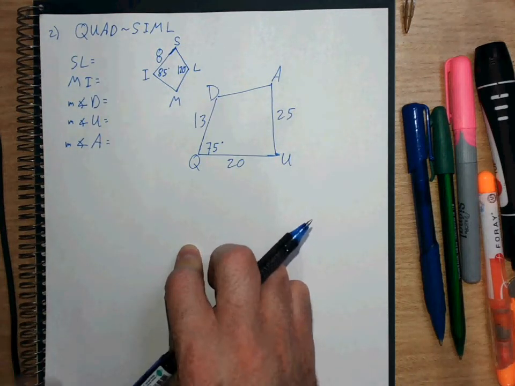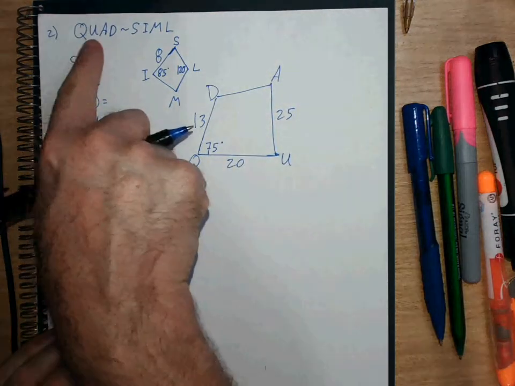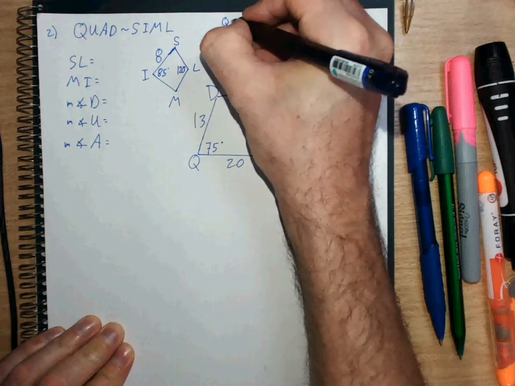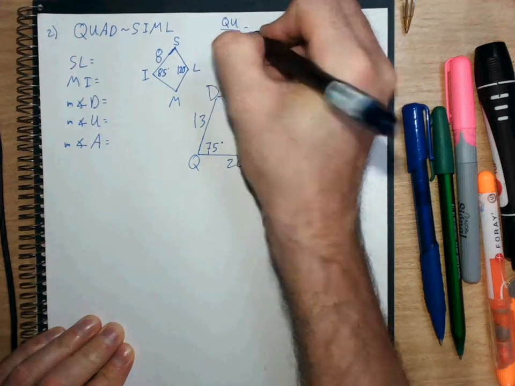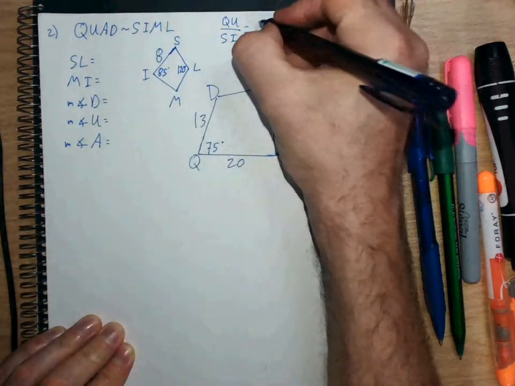Okay, so I'm going to write the similarity ratios up here just like we did for number 1. QU corresponds to SI. So I'm going to write QU over SI. That ratio is going to be equal to UA over IM.